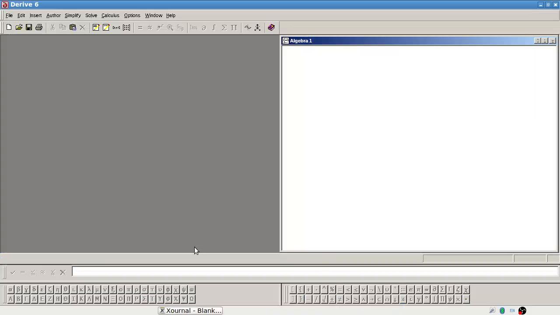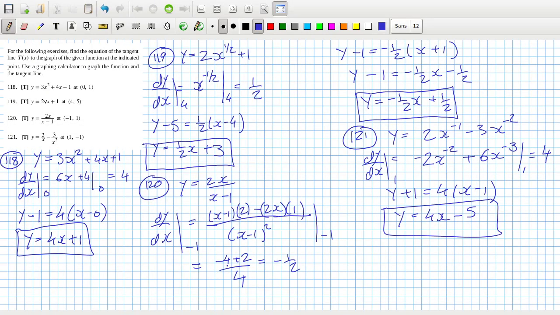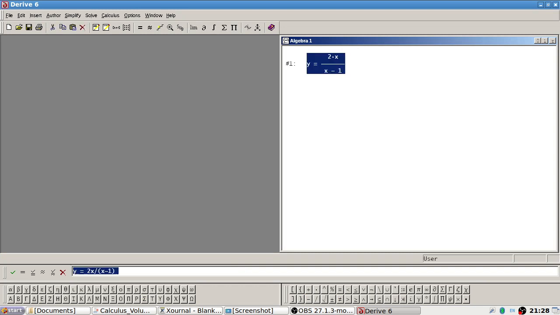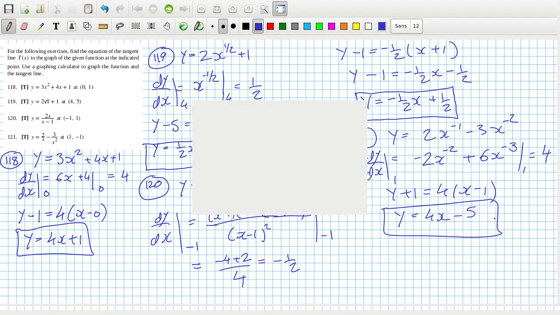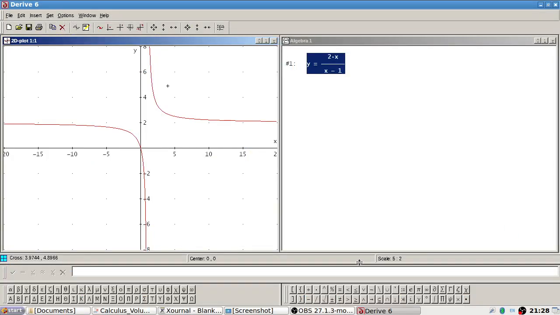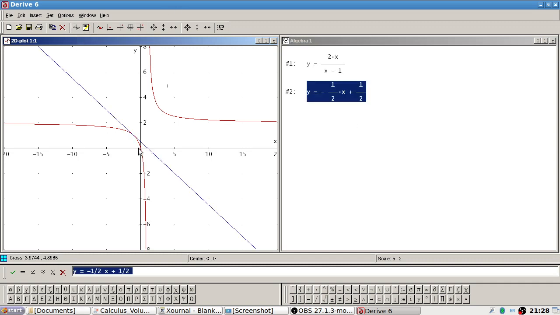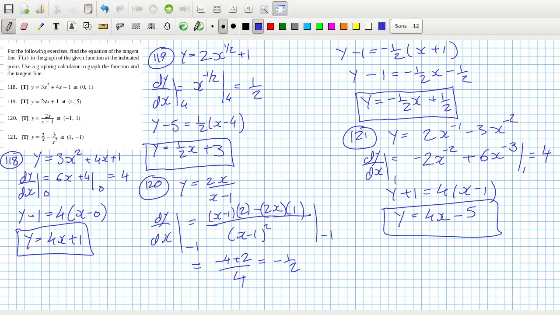All right, next one. y equals 2x over x minus 1. And y equals minus a half x plus a half. Yeah, minus 1, 1. That looks good as well.